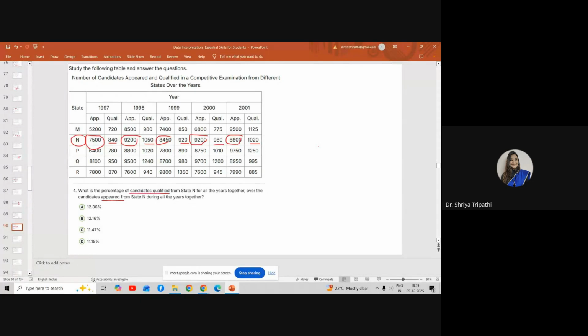Okay. 75 plus 92, 84.5, 92 and 88. Santoshi, good. 43150. And the answer is being asked in percentage.